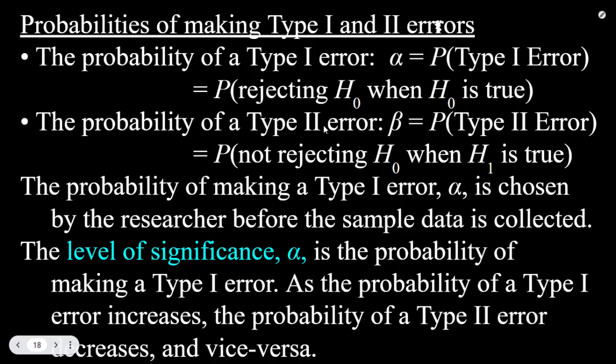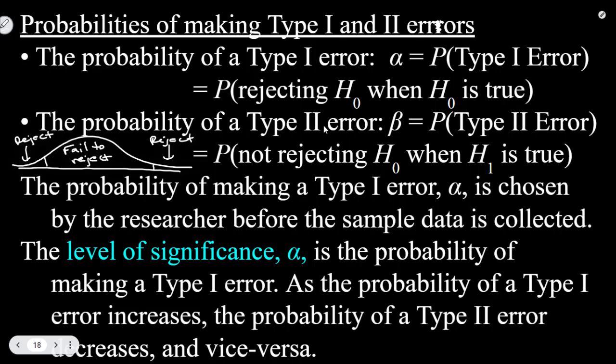As the probability of a type 1 error increases, in other words, as you let alpha get bigger, then the probability of a type 2 error decreases, and vice versa. So let me draw a picture of this. If alpha is our area, we can split this up into two areas. We have the fail to reject area, and on the outsides, usually we would call this the rejection area.